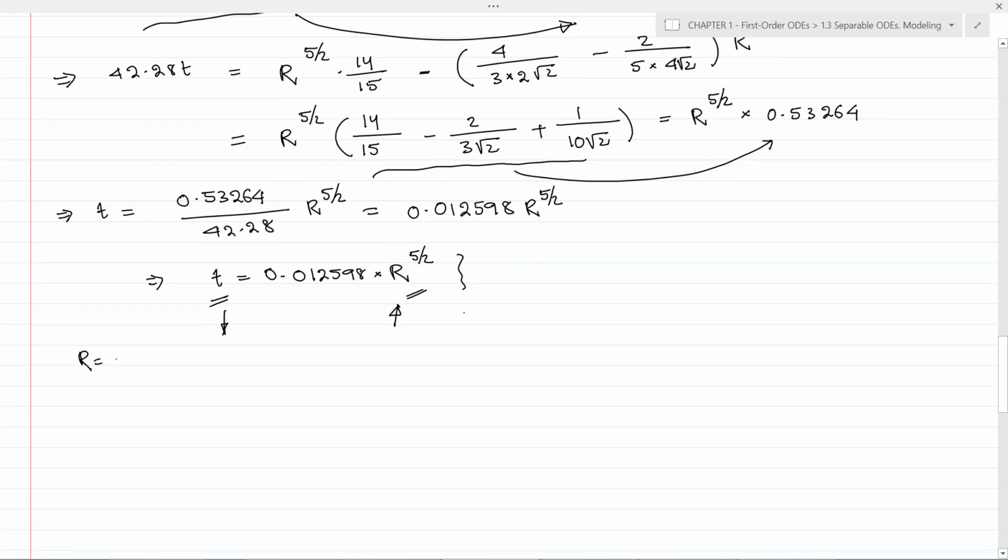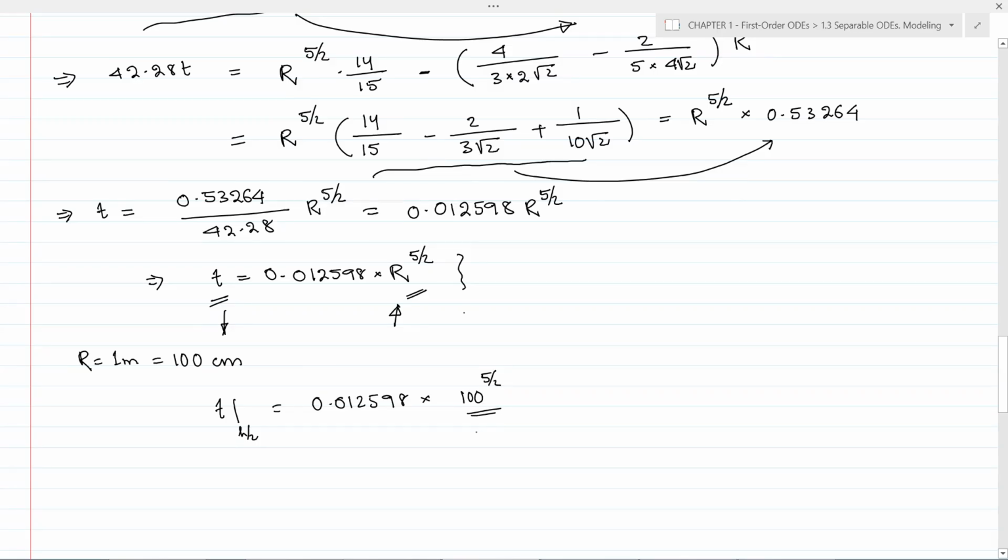So, r equal to 1 meter, which is equal to 100 centimeters, so from here we can write time taken to reach half of the tank t h by 2 equal to 0.012598 multiplied by 100 to the power 5 by 2.